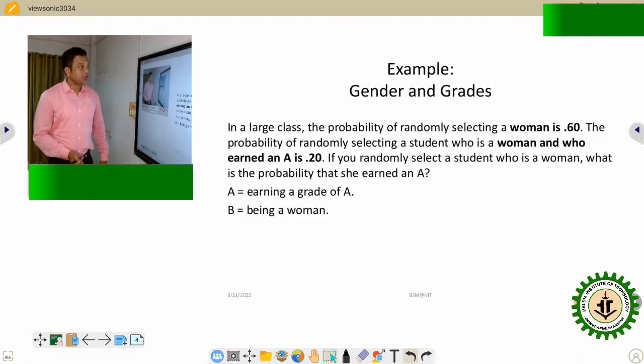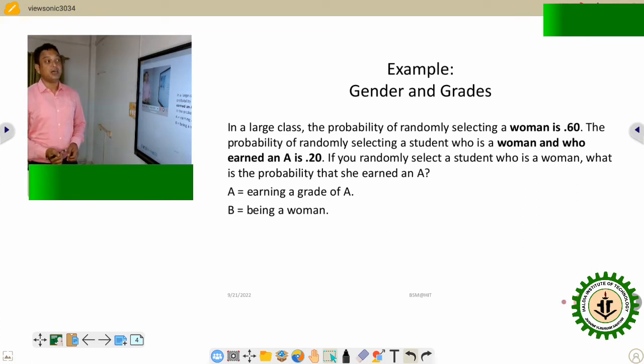Next we go to an example: gender and grades. In a large class, the probability of a randomly selected student being a woman is 0.6.